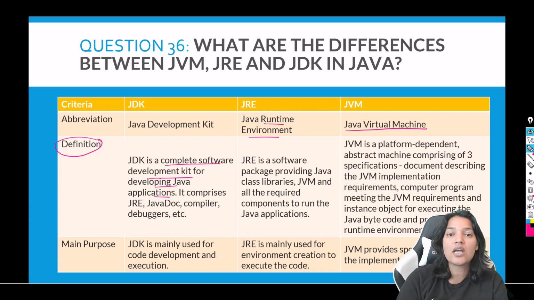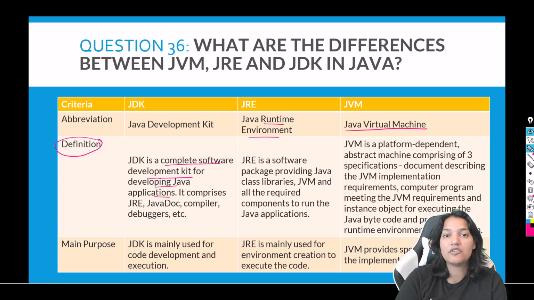If you just have to run a Java application, you are not developing your application, then all you need is JRE because JRE consists of the class libraries, the JVM and everything else in order to run the program. If you're also developing the program, then you need JDK. But if you're just running the program, then you just need a JRE.